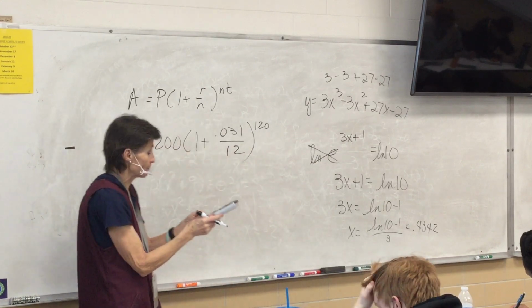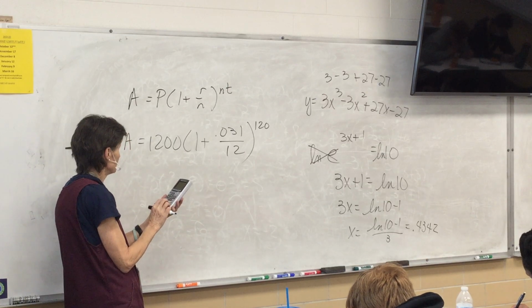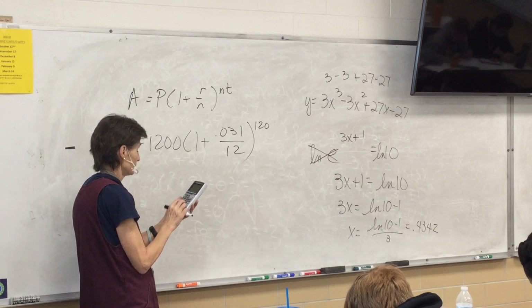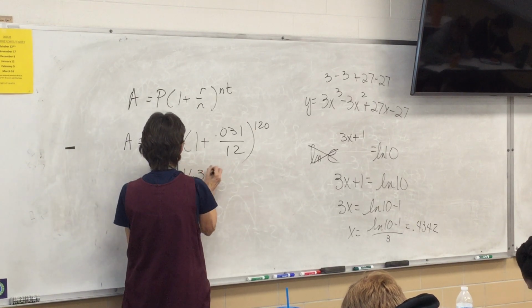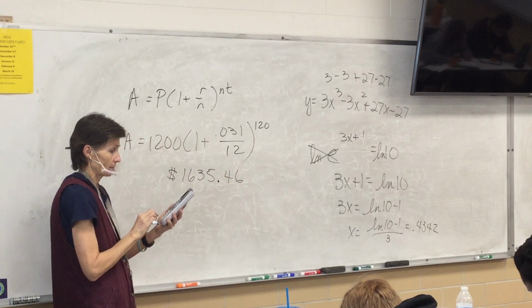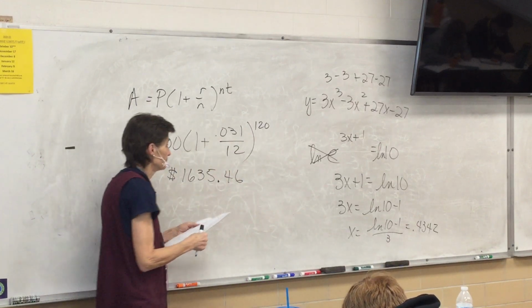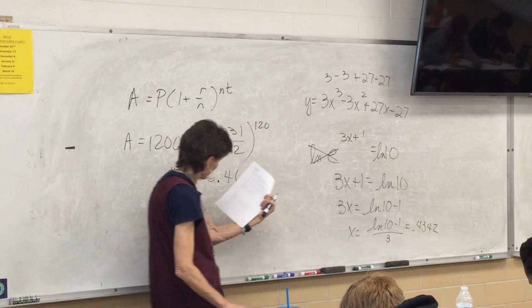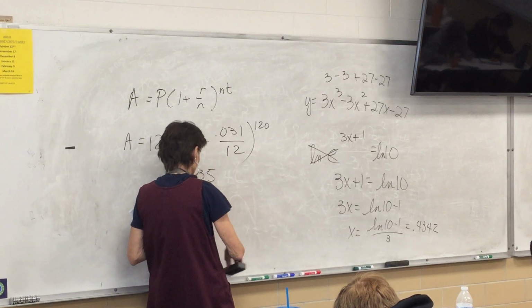And I just type it in exactly the way it's written. $1,635.46. It says to the nearest dollar. Going to the nearest dollar, so $1,635.